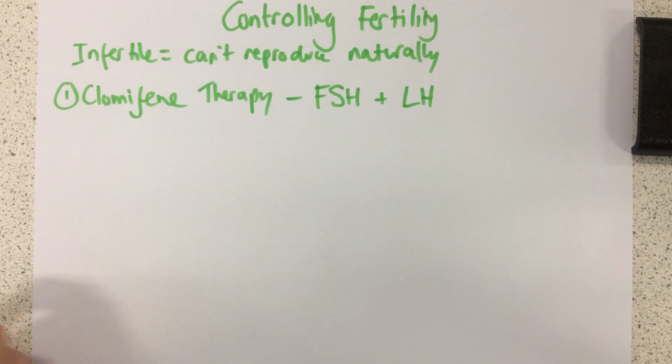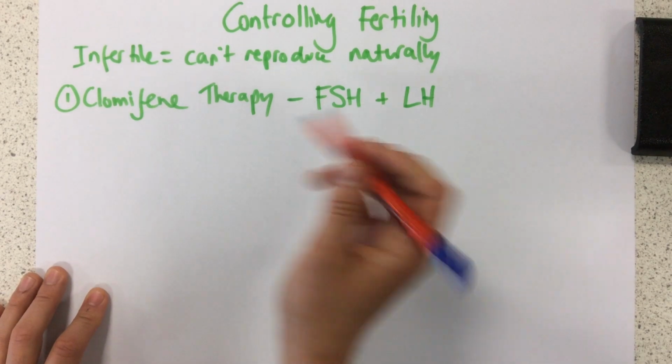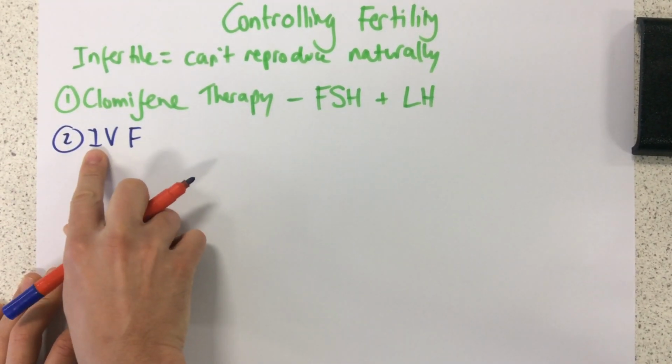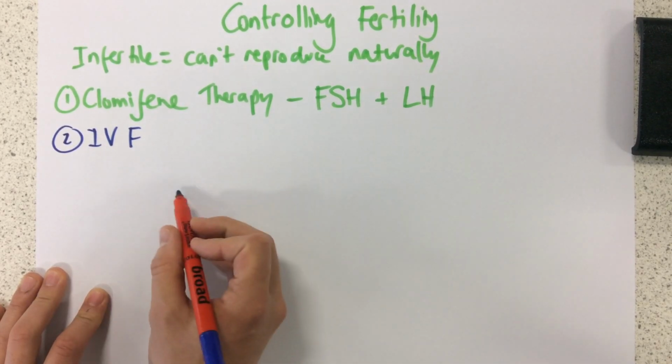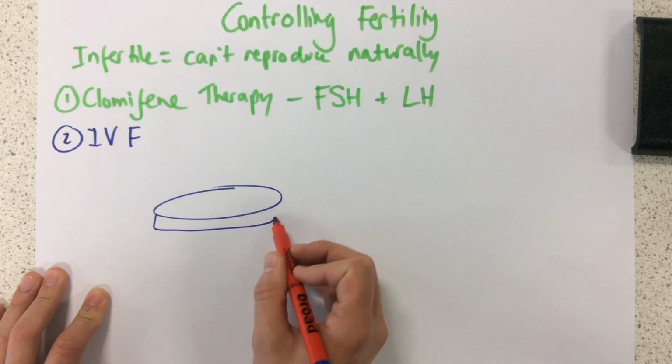Next up, the other way that we could use to treat infertility is a process called IVF. This stands for in vitro fertilization. This is actually done in a lab.